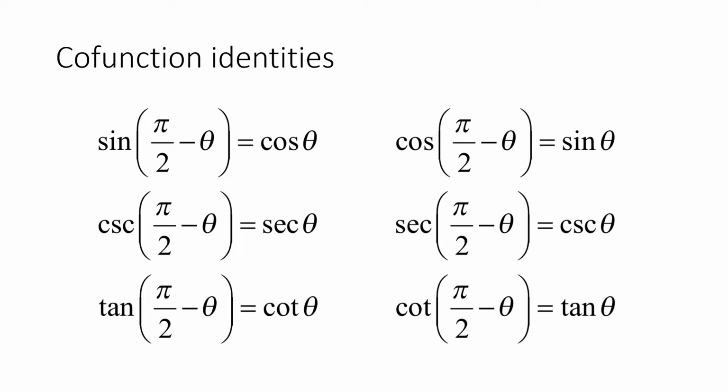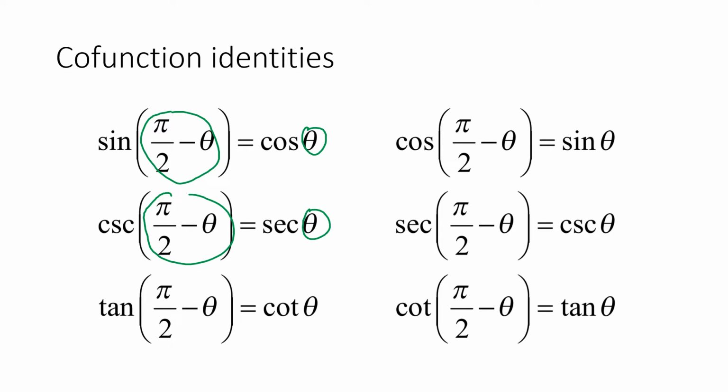Cofunction identities are not that hard either. So for example, sine and cosine are cofunctions, or secant and cosecant are cofunctions, or cotangent and tangent are cofunctions. So in terms of our cofunctions, notice that they all have this pi over 2 minus theta on one side for an argument and theta for the other side.